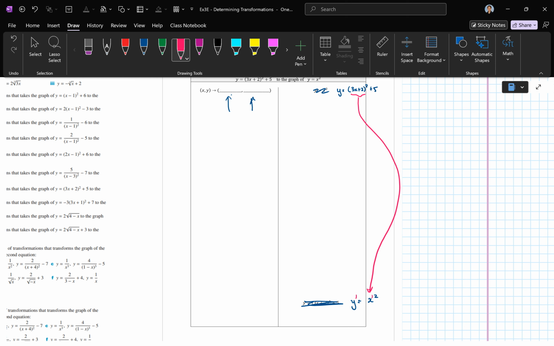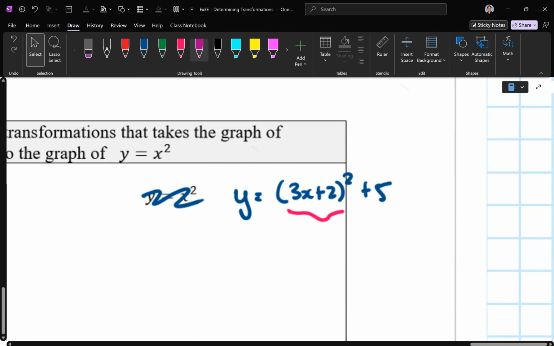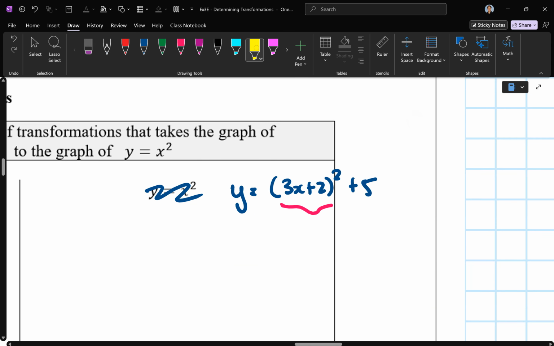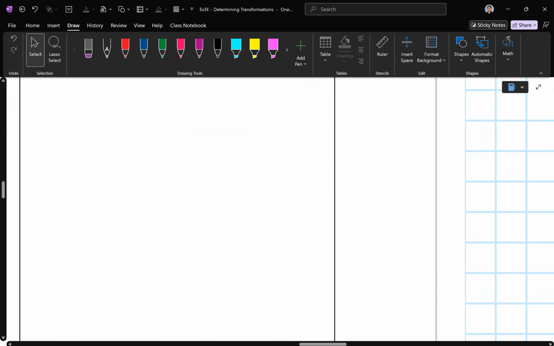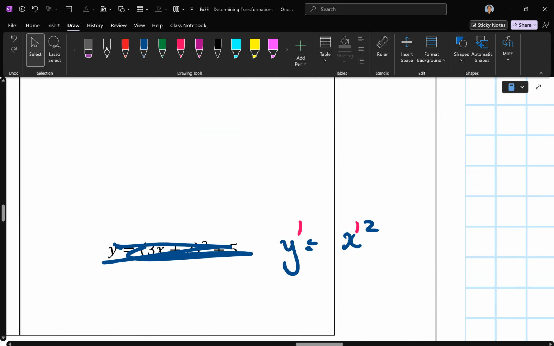In this case, I chose a question that so happens to have saved you a lot of work, because all it is inside the brackets, as you can see, this here, what are you squaring? I'm squaring 3x plus 2. Let's have a look at the new equation. The new equation, what am I squaring? x dash.